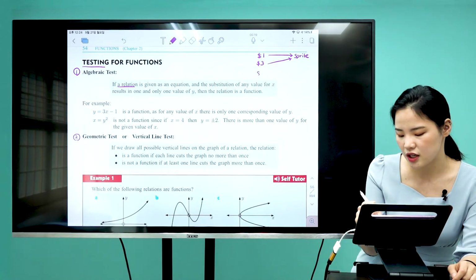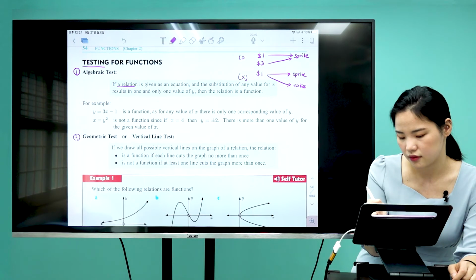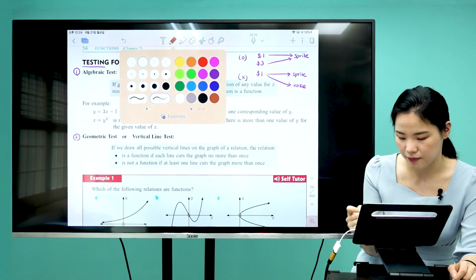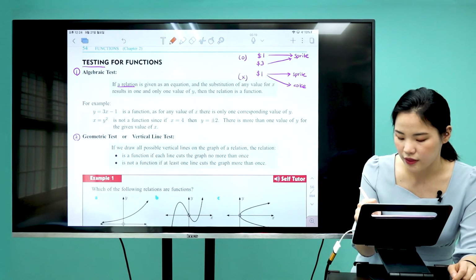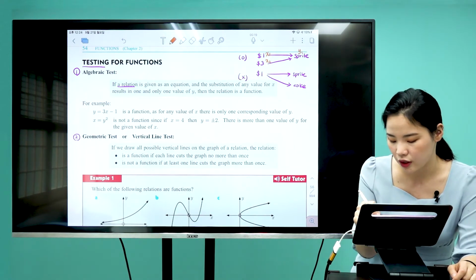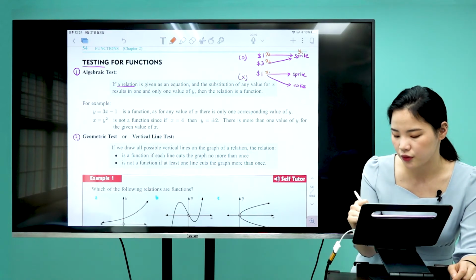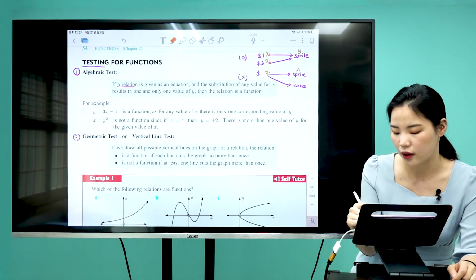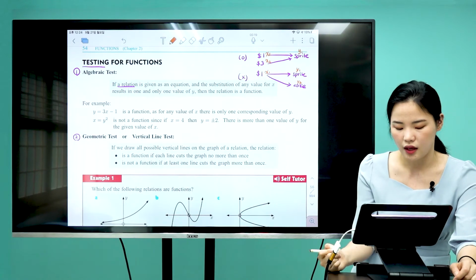However, with just $1, we can't have Sprite and Coke. So it's just the same. With many x values, x1 and x2, we can have the same y. However, with just the same x value, we can't have y1 and y2.